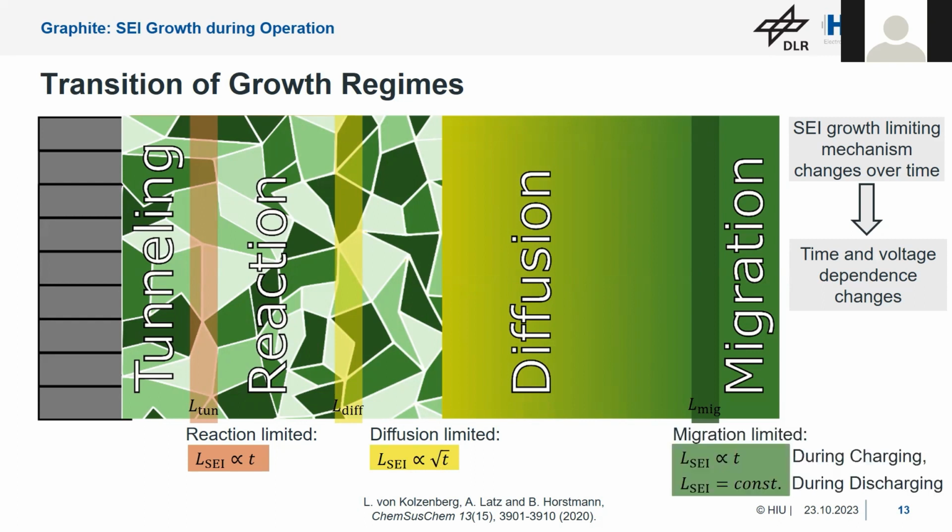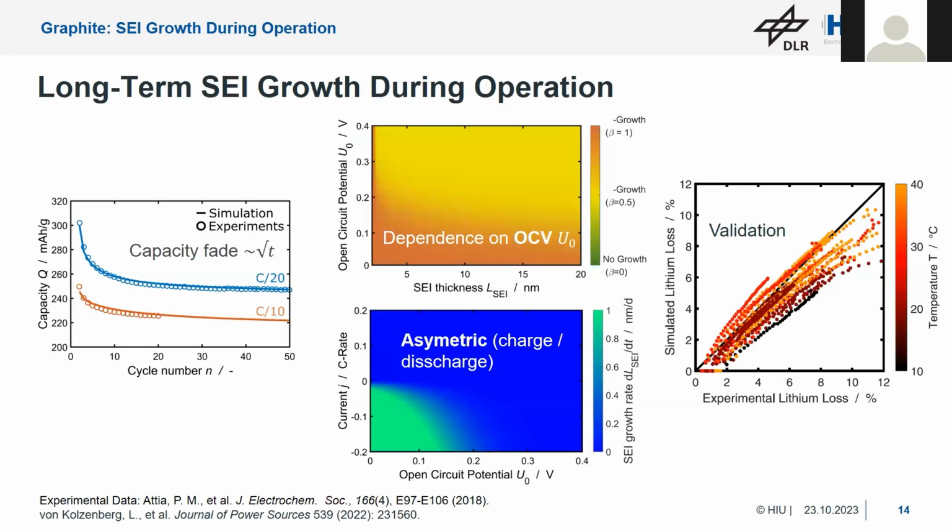And when the SEI is very thick, you will also get into a migration control regime. And then the growth law might change from a square root of t to a linear dependence on time. And with such a model, we can understand the capacity fade. We can understand that the SEI growth is much more severe during charging than during discharging.